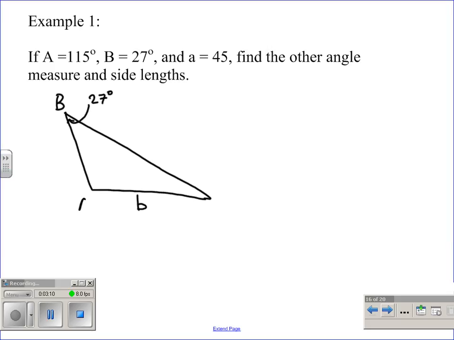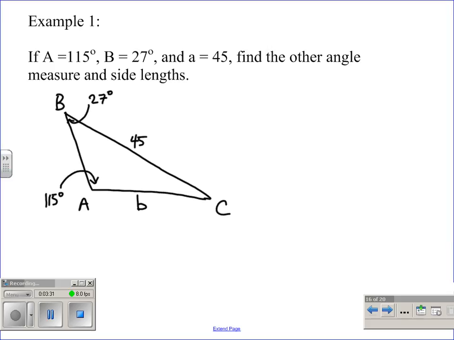We know that the measure of angle A is 115 degrees. We do not know the measure of angle C right now, and we know that a is 45. Given this information, we are trying to solve the triangle, meaning find all of the missing pieces.